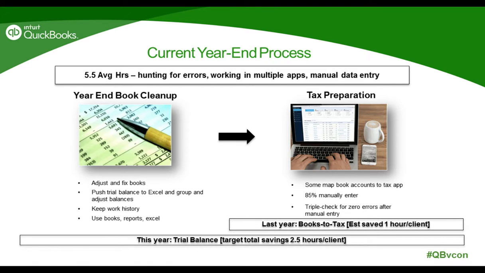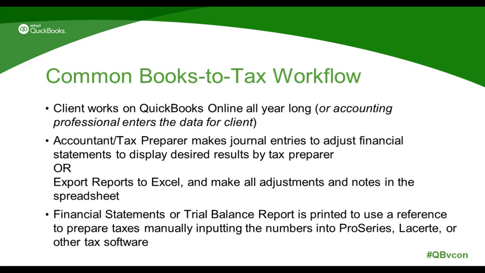So using the trial balance workflow through QuickBooks Online, and then finally the tax return into tax online, has an average savings that Intuit has studied of about 2 hours per client. That obviously translates into more profits, more efficiencies inside the practice.